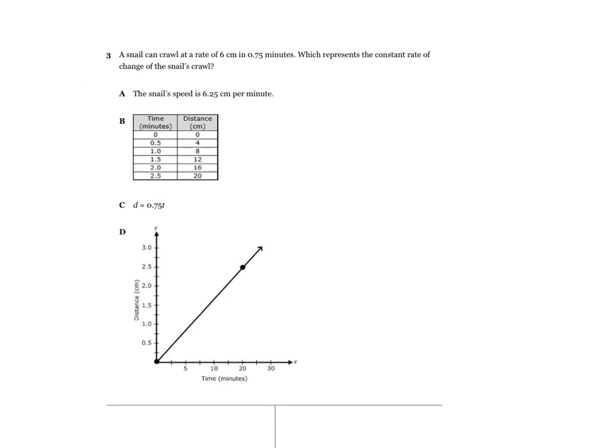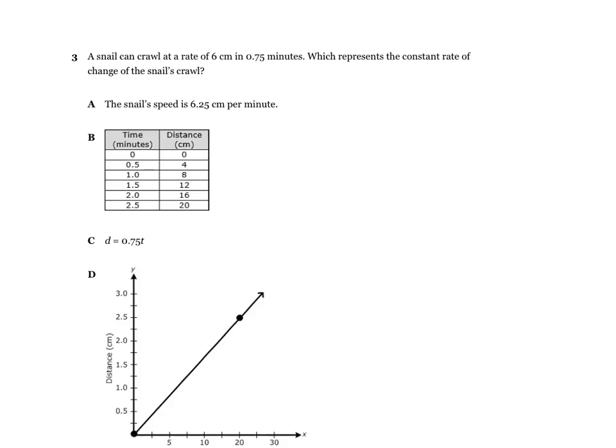Okay. Number 3. A snail can crawl at a rate of 6 centimeters in 0.75 seconds, which represents the constant rate of change. Guys, the constant rate of change is going to be like, I put that for the time, sorry, over 1. It's your unit rate, that constant of proportionality. That's not written as a constant rate of change, so I don't want that number.